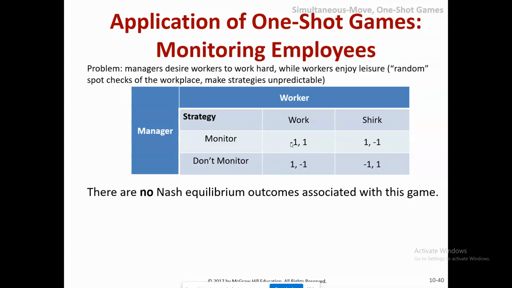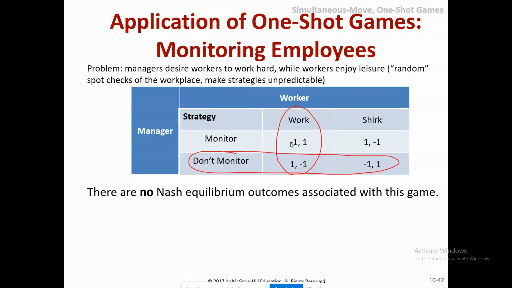Note that in this game there is no Nash equilibrium. Suppose the manager's strategy is to monitor the worker, then the worker's best strategy is to work. But if the worker's strategy is to work, then the manager will be better off if he changes the strategy to don't monitor.